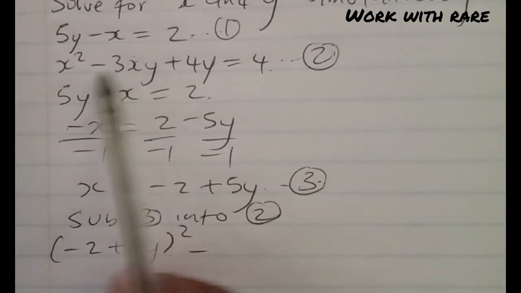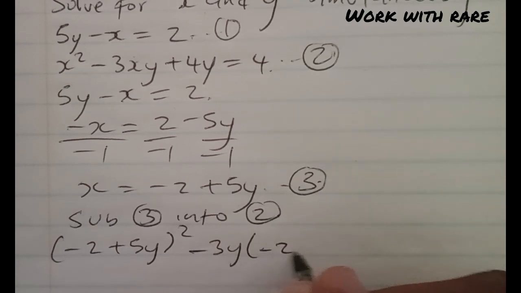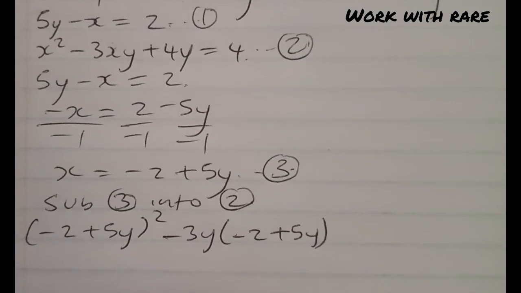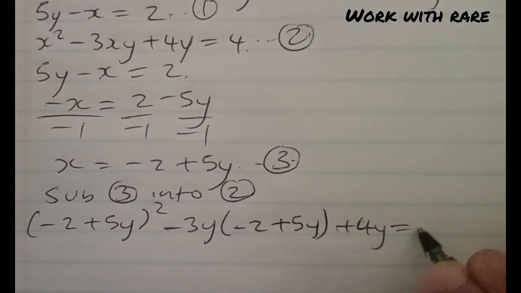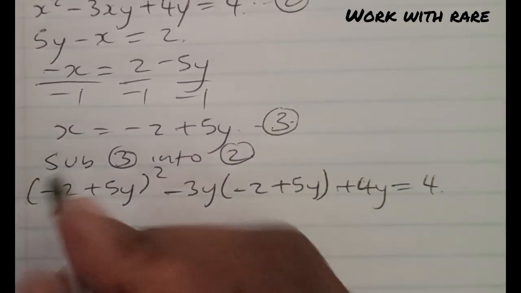Since we substitute for x, let's write this part as 3y and substitute this, plus 4y is equals to 4. So we'll have to break these brackets.